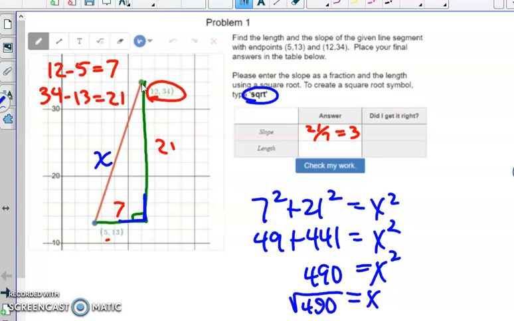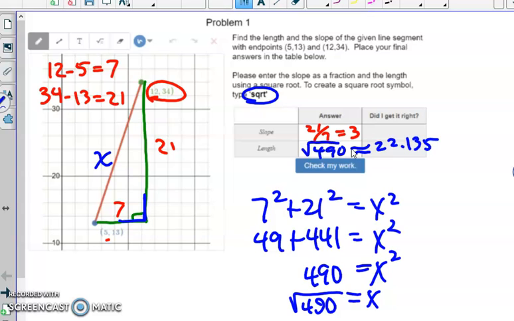Again, my copy's not digital, so you type in SQRT and then 490, and then it will give you the answer. The computer should hopefully give you an answer that is approximately 22.135, something like that.